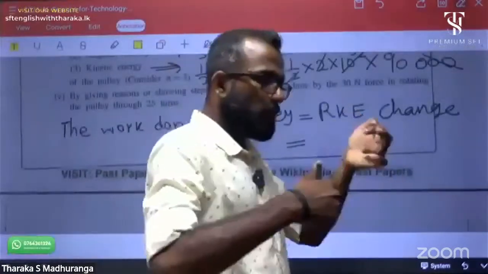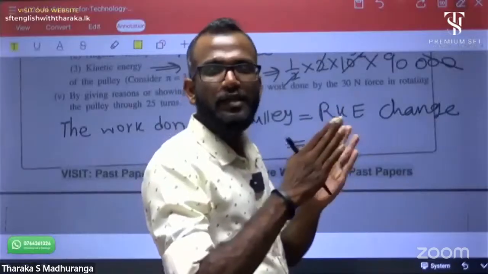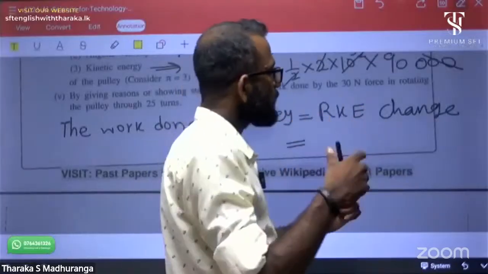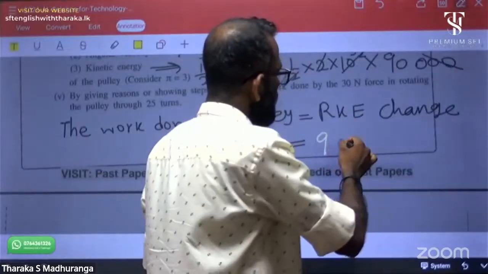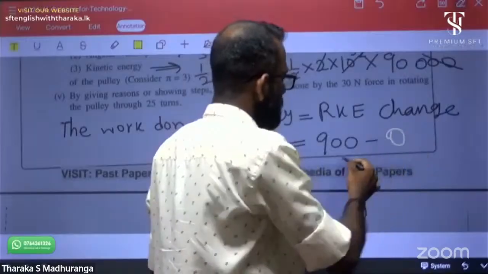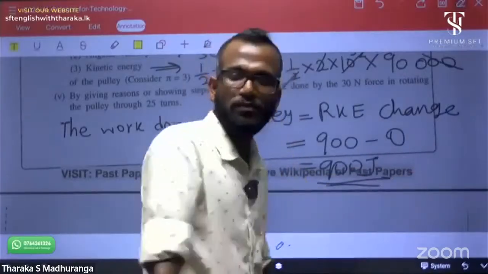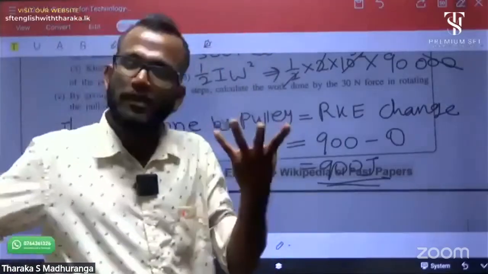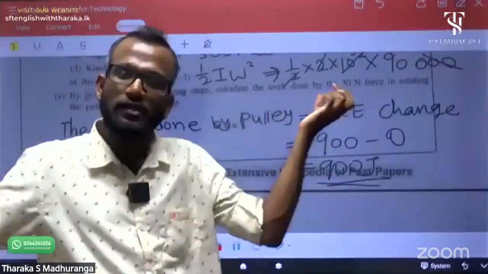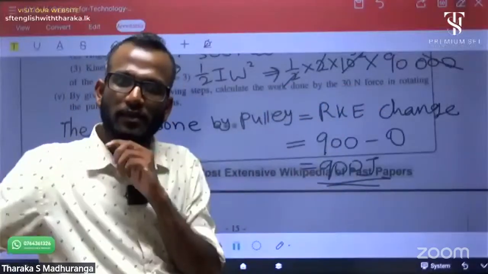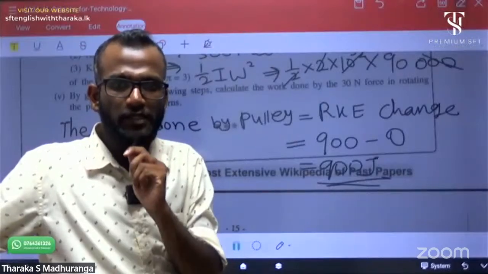The pulley is starting from rest, so the starting mechanical energy is 0, starting rotational energy 0, final rotational kinetic energy 900, 900 minus 0. It's actually 900 joules, the final answer. This is the work done by the pulley within these 25 revolutions. But you have to clearly show the steps. Understood?